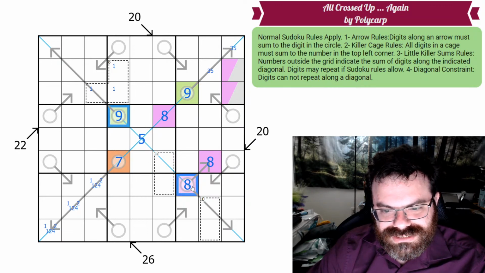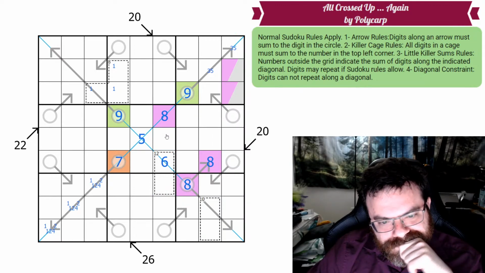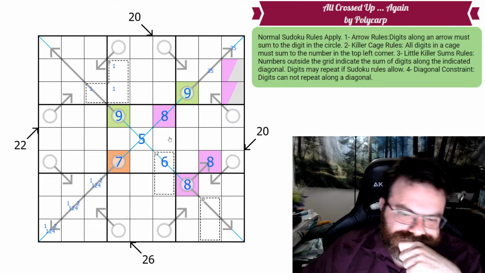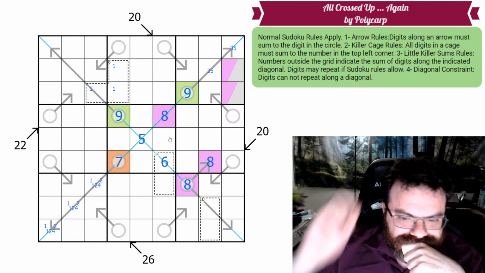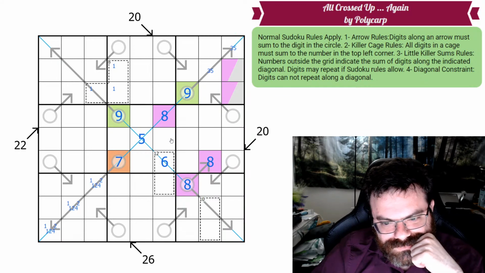And then here these add to 17. So that's 34. So we need these to add to 11. So this would be a 6. And a 6 can't go in a 12 cage. So the center can't be 5, for that reason.